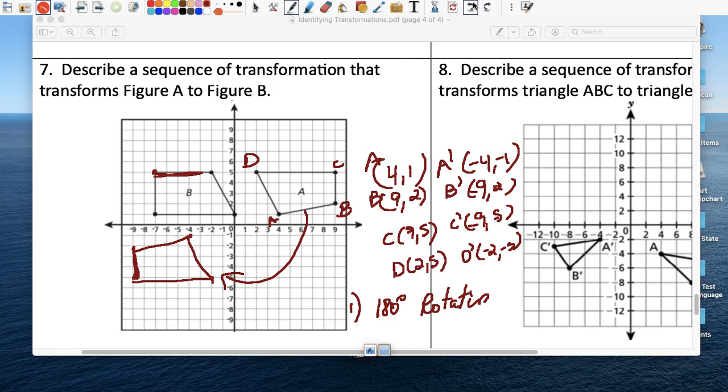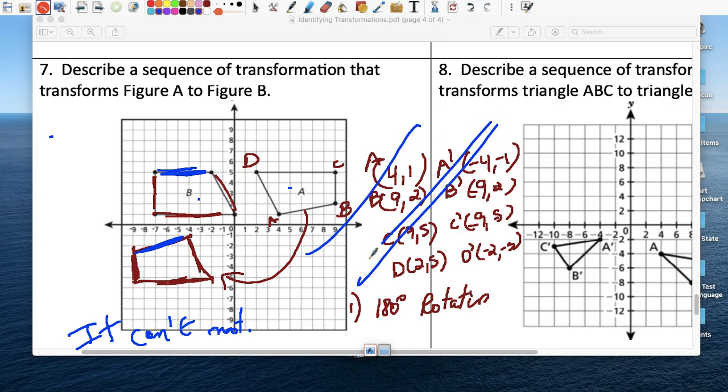Now, if you look at the one that they have, this line matches this line. This line sort of matches this line. This line matches this bottom line, but guess what? This line does not match this line. So how can A transform to B? The answer is it cannot. Why? Because they're not even congruent to begin with.